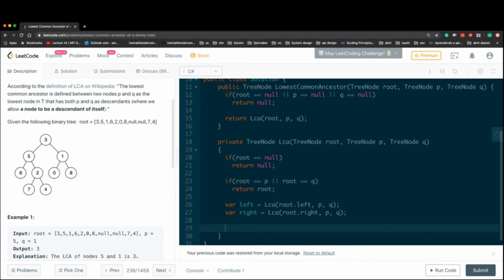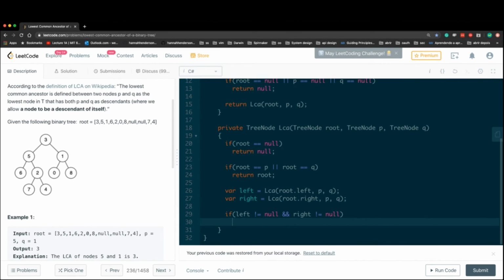And to get to know if we are in a node that is the lowest common ancestor, we just need to check if both results are not null. Okay, so this is easy. We can just check if left is not null and right is not null.